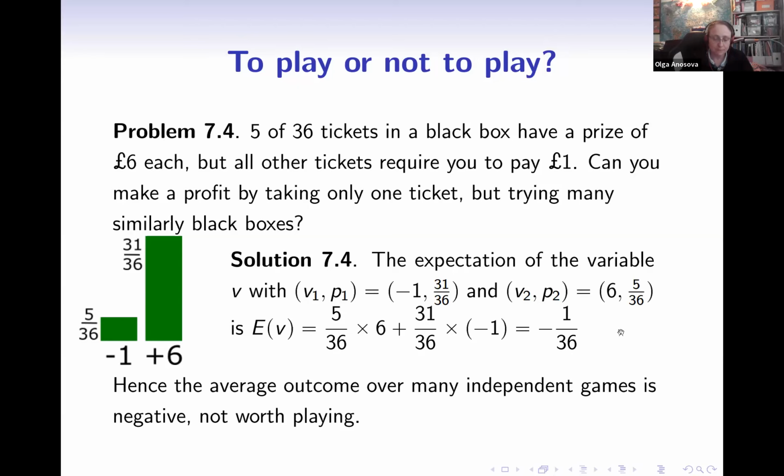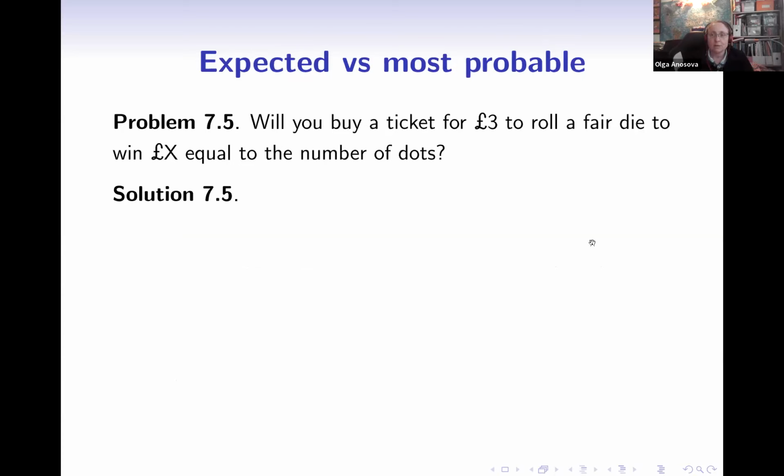Okay. Well, that's another example for you. So the similar question: will you buy a ticket for £3 if you will win the number of pounds that is equal to the number of dots? So what would you reply?